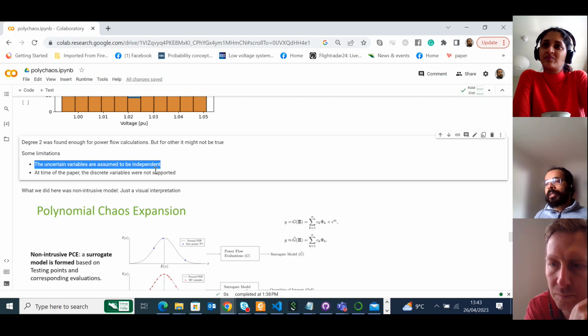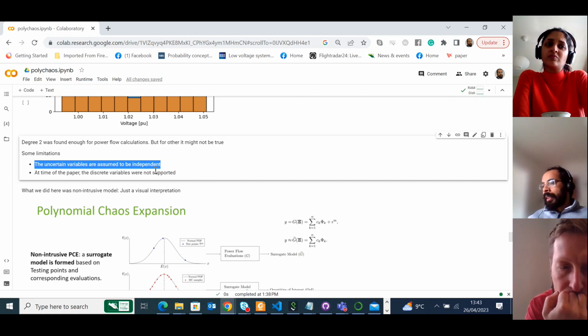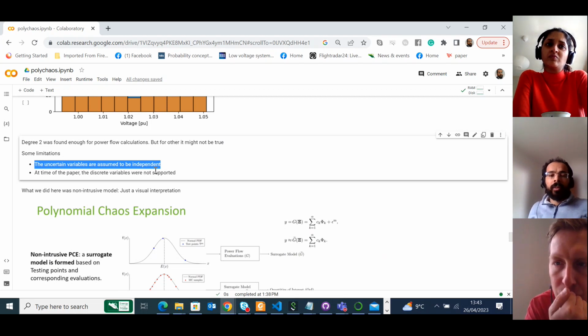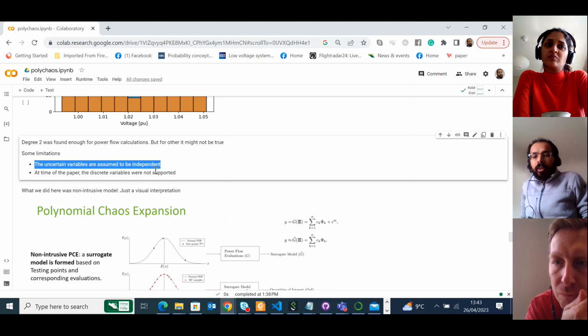But if you have something like a dependent load, which depends on another load, and you want to model it independently, maybe it's not a good choice. There are still some options to do that, but it increases the complexity of the problem.